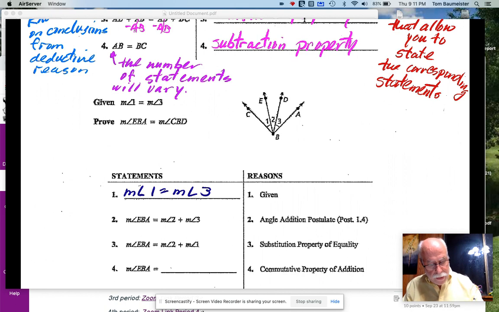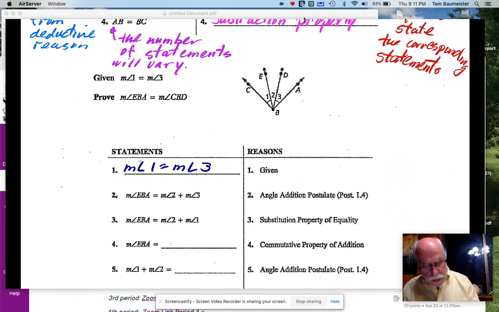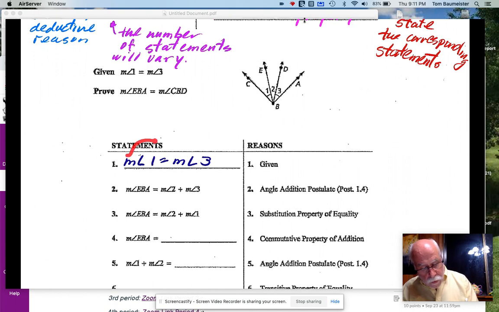Now they're telling us that on 3, they're saying that EBA is equal to the measure of angle 2 plus the measure of angle 1. Well, if you look at it, from what we were given up here, we were told that the measure of angle 1 is equal to the measure of angle 3. So what I just did here was I substituted angle 1 for angle 3.